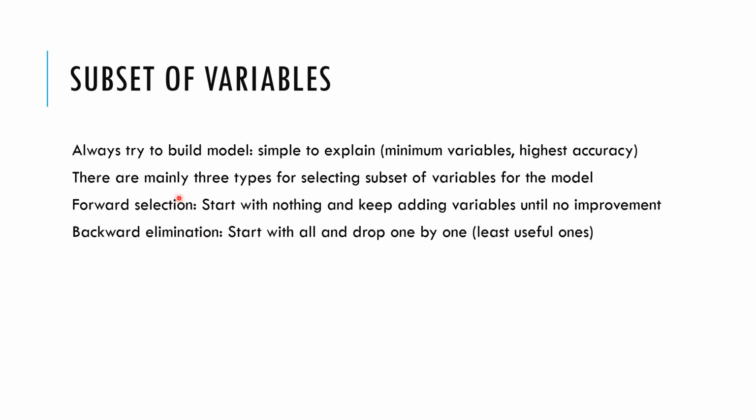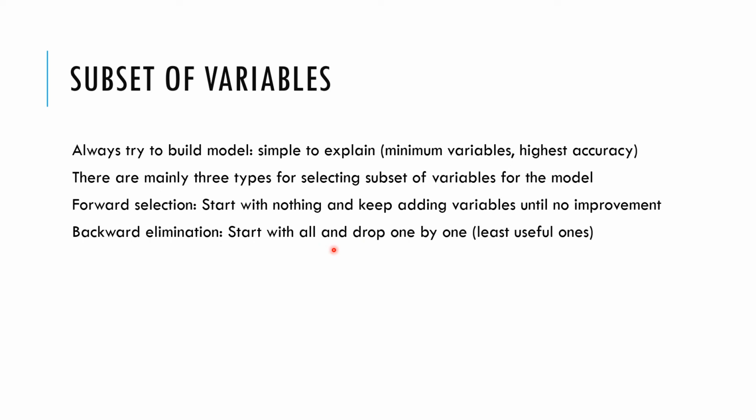In backward elimination, it works just the other way around. What we do is we start with all the variables. So the first model will be y is equal to theta naught plus theta 1 x1, theta 2 x2, goes on to theta m xm, where m is the total number of variables, right? And then we keep dropping them one by one.